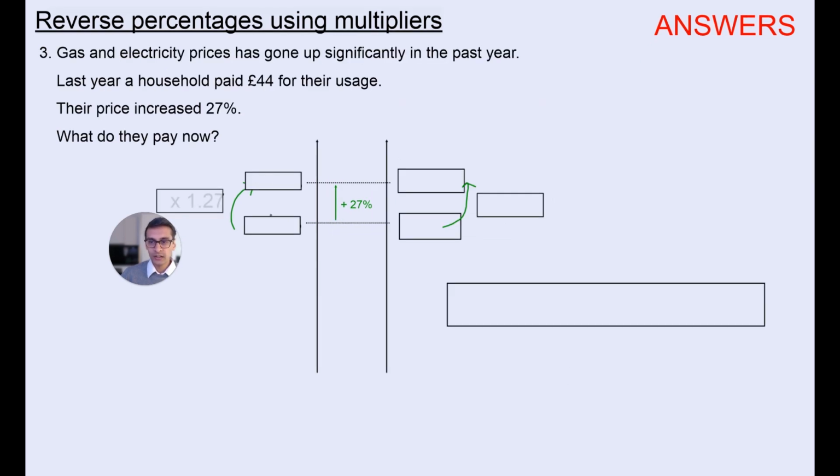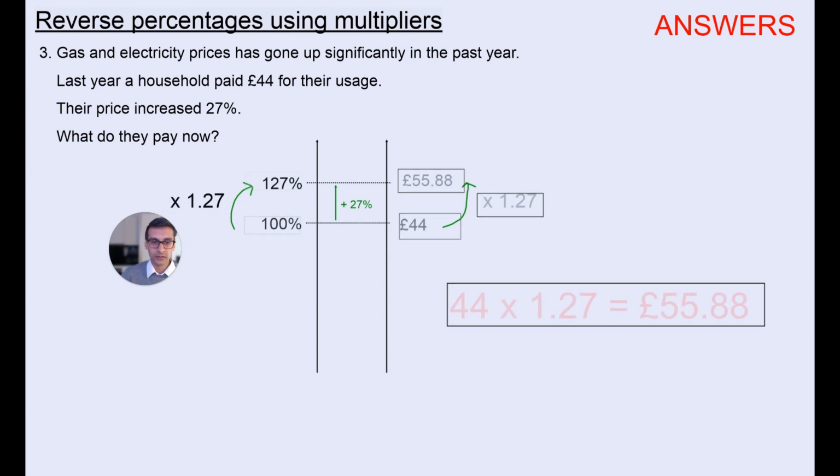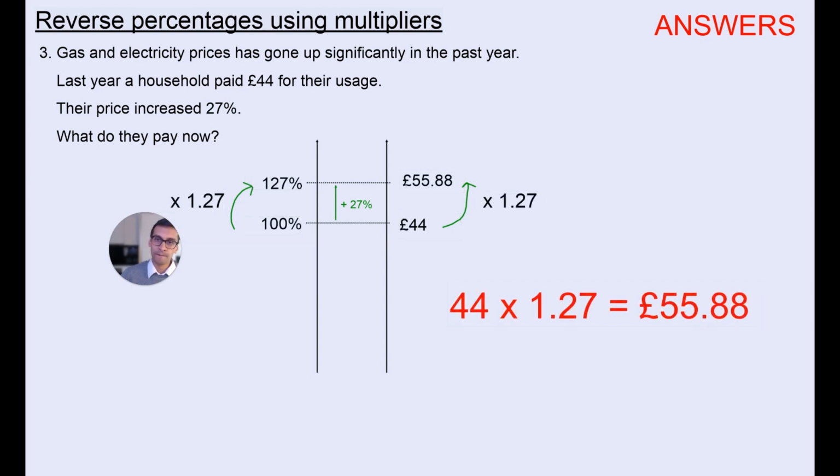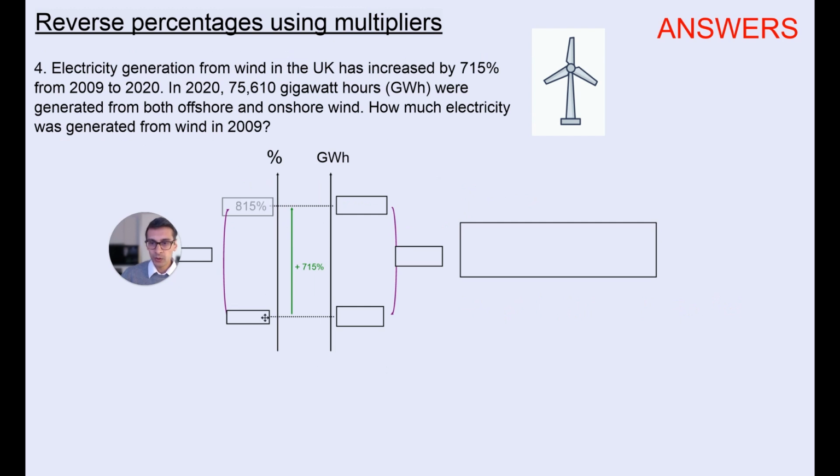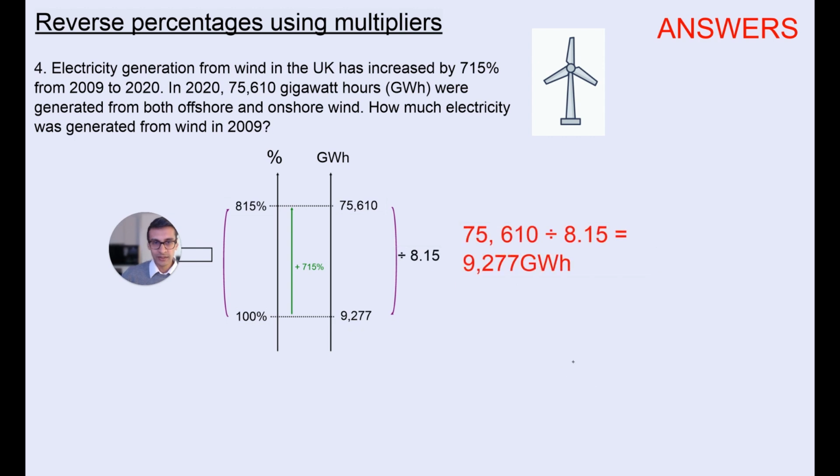For question 3, here are your answers. So 27% increase is 1.27. And then for question 4, a 715% increase means that you're paying 815% because you have your original 100%.